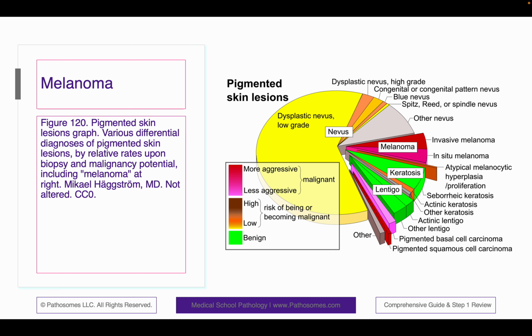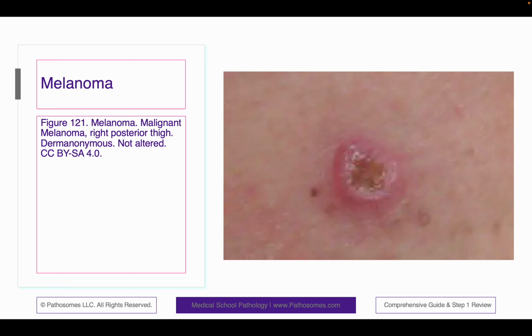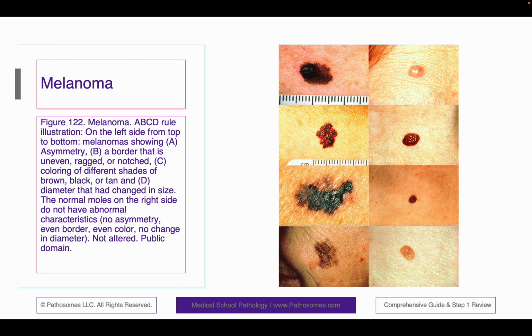And here, we're seeing this representative pie chart again. It must be important. Now here we have a picture of malignant melanoma occurring on a right posterior thigh in a patient. And look at this, a difference between melanoma and normal moles. That must be important.